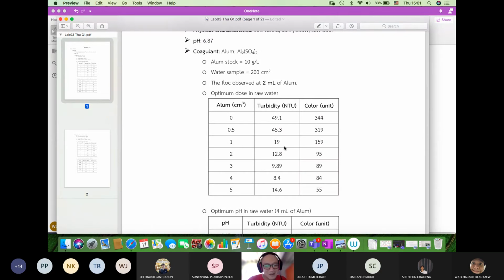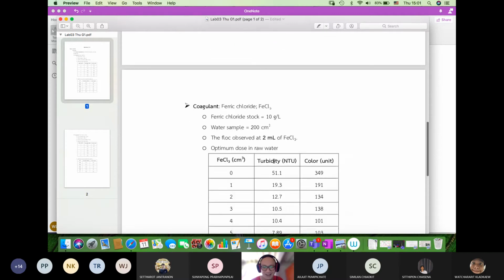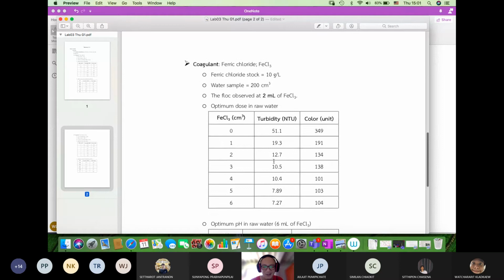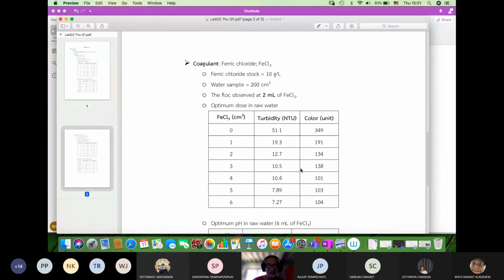But there's one remark from this result. I could observe that for both alums and ferric chloride, none of the jars could actually give turbidity lower than 5 NTU.